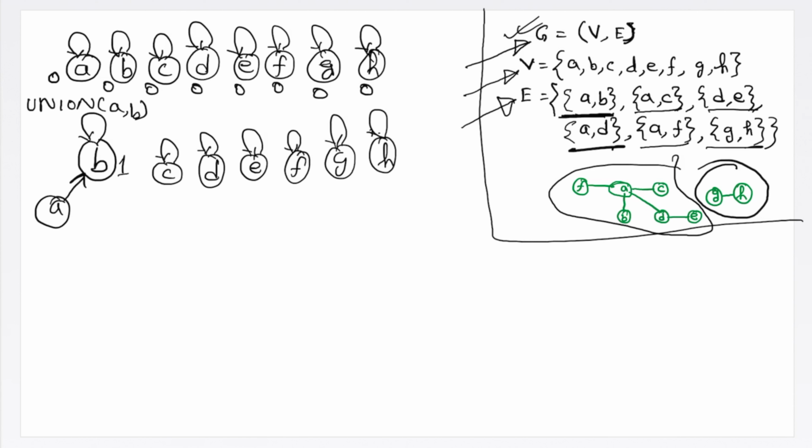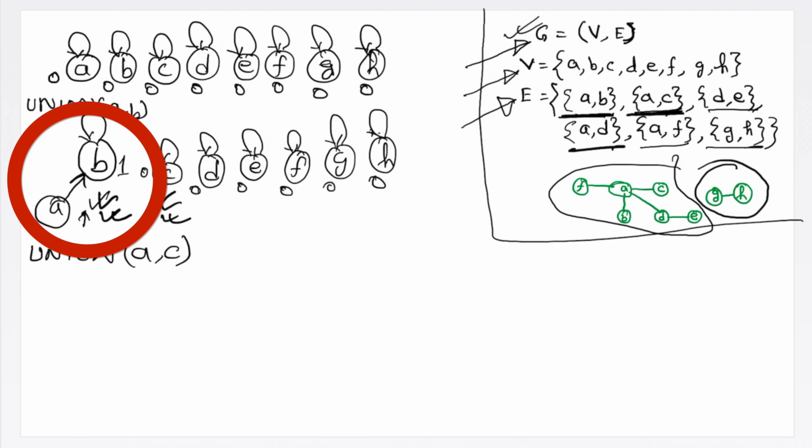Now the next operation will be AC because our next edge is AC. Therefore, we will use the union operation between A and C. Notice that A is in this tree and C is in this tree. When we have two trees of different height, the root of the tree with higher rank becomes the root of the combined tree.